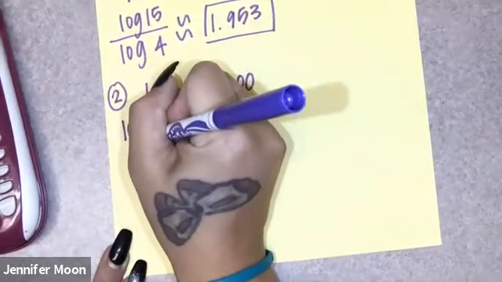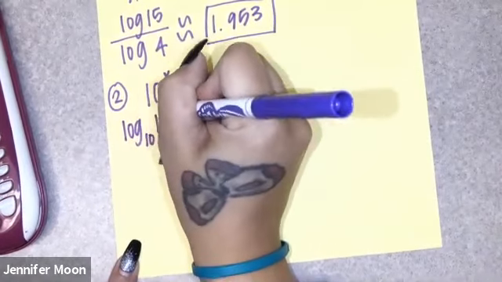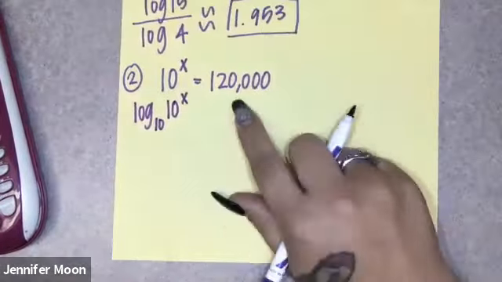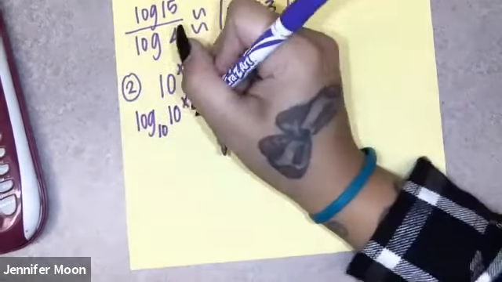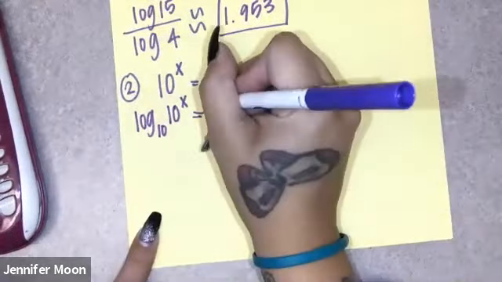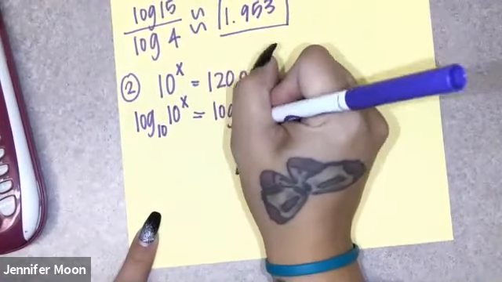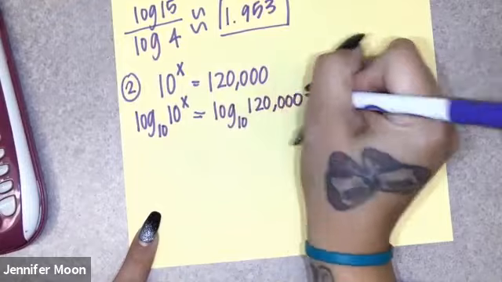So log, you can write it or not write it. I think here, kind of solving it and seeing it, you'll see that property a little bit better if you actually do write that base. And then, similar to the majority of the equations, what you do to one side, you have to do to the other. So I'm going to also take log base 10 of 120,000.